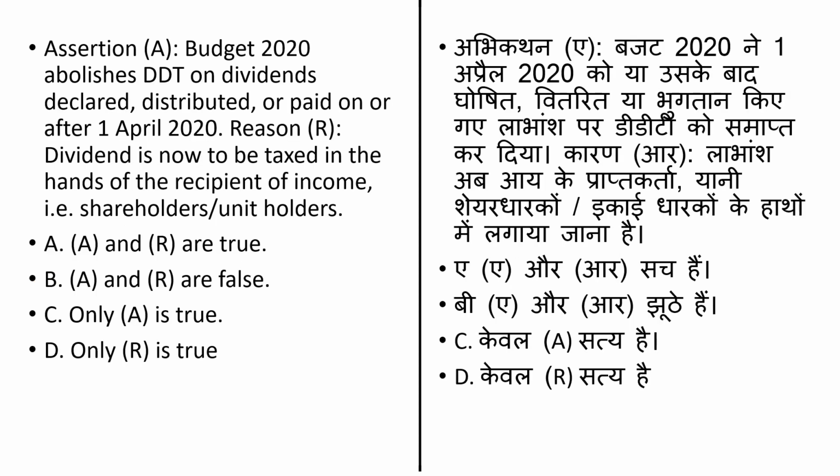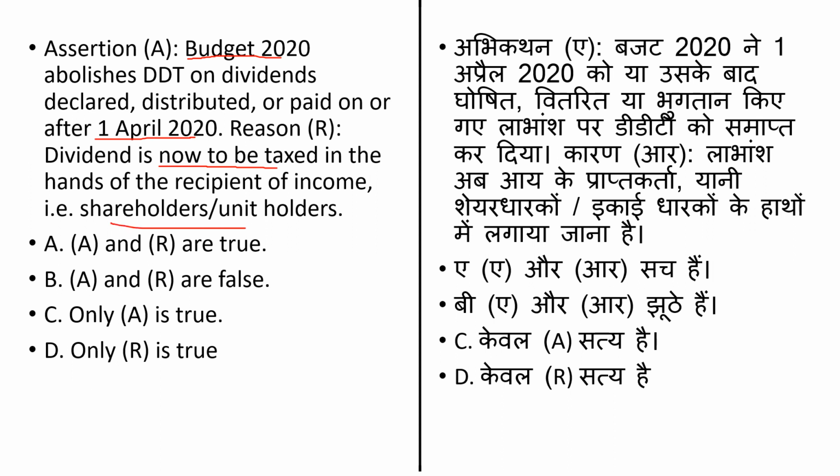In this question, the assertion and the reason are given. The assertion is Budget 2020 abolished DDT on the dividend declared, distributed or paid on or after 1st April 2020. For this, the reason given is dividend is now to be taxed in the hands of the recipient of income, that is the shareholder or unit holder.